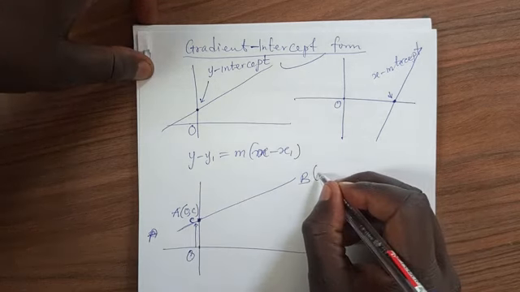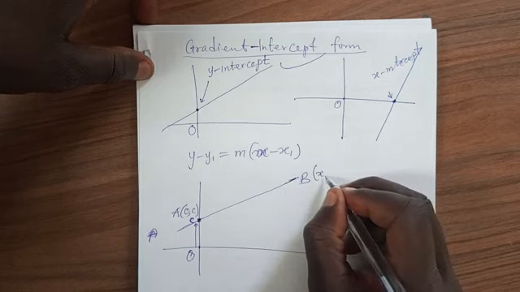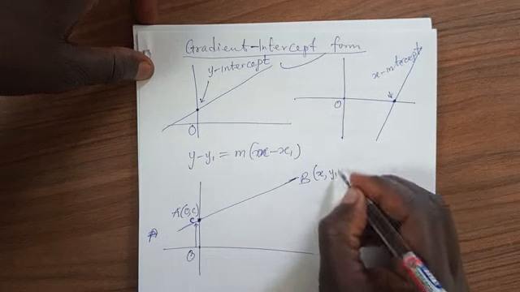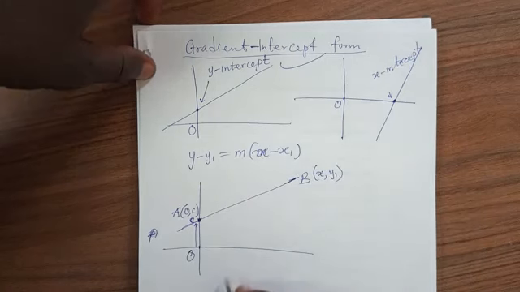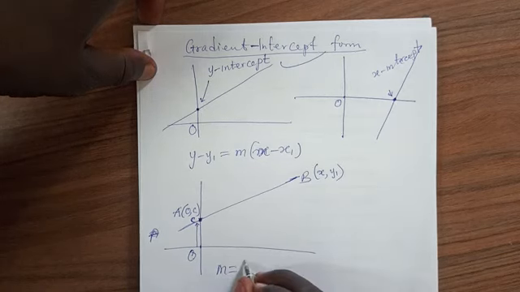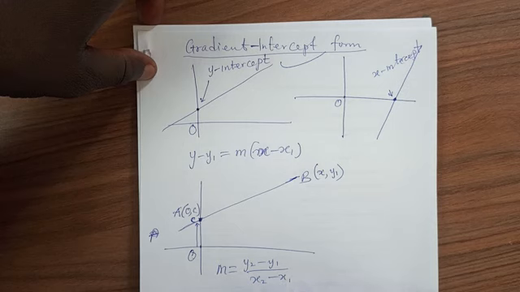Here we have x, y, and this is y1. Clearly, we are going to have m equal to y2 minus y1 over x2 minus x1.